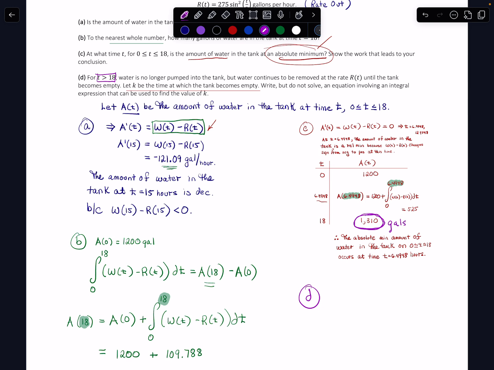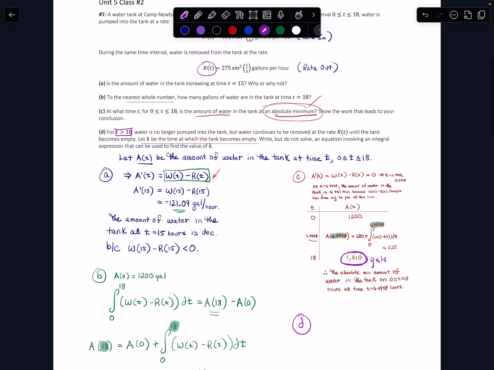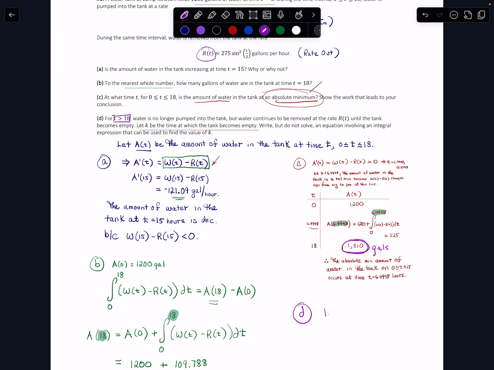And all that is happening now is that pump out is on, pump in is off. I could think about this a couple of ways. If you have 1,310 gallons left, how long is that going to take to go out? Well, it depends on your rate out, but your rate out is R of t.